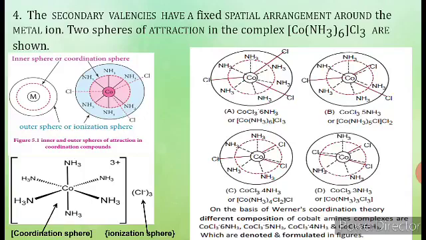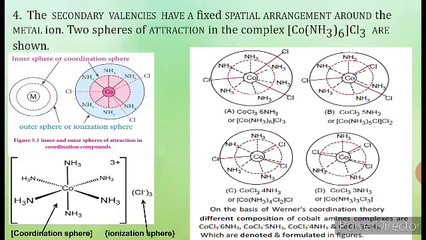So 2 chloride ions are attached through pure ionic linkages, present outside the coordination sphere in the ionization sphere, while 1 chloride is inside the coordination sphere, and you can see 2 bonds simultaneously attached with this chloride ion.